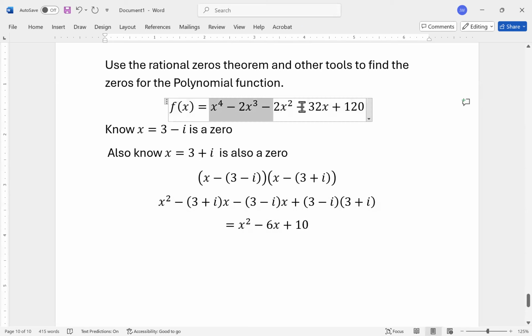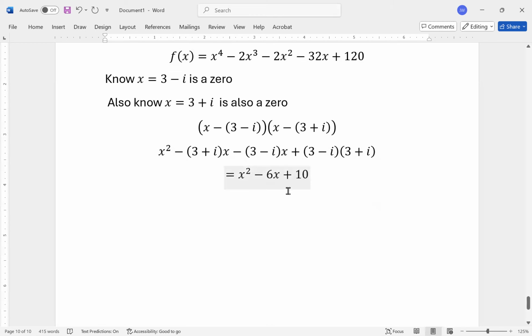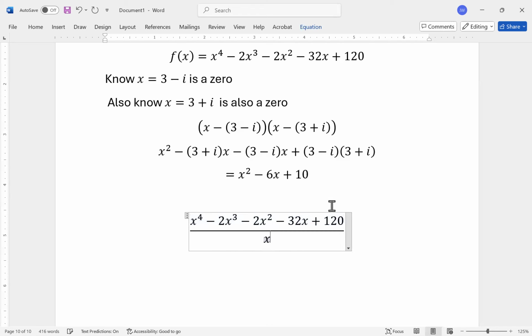Therefore, what I can do is take this fourth degree polynomial and divide. Instead of dividing by a linear piece, I'll divide by this quadratic. So I take this fourth degree polynomial and divide it by x squared minus 6x plus 10.